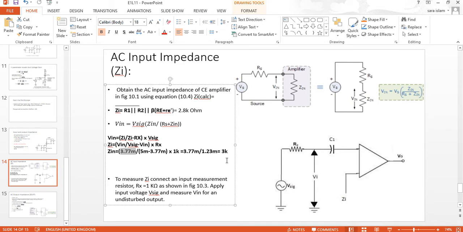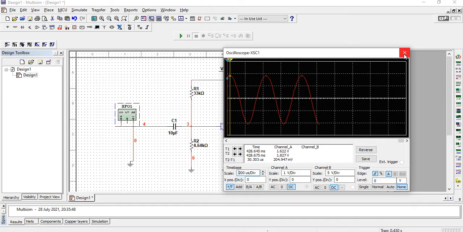To produce that scenario we will be using Rx equal to 1 kilo ohm. So when we use this 1 kilo ohm resistance, let's do it so that it becomes clearer for you.